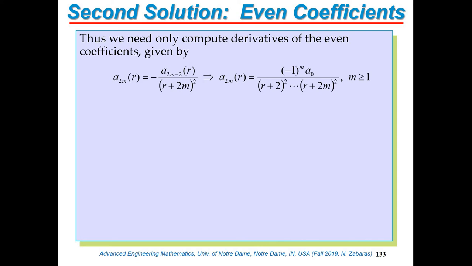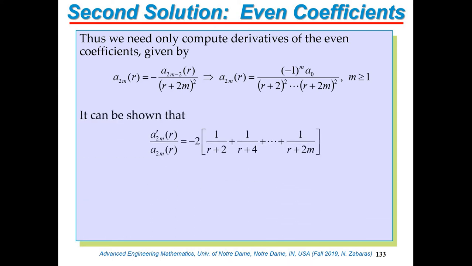If you differentiate this coefficient with respect to r, you will get this wonderful equation that the derivative of a2m divided by a2m is given by this expression that you see on the right-hand side. And if you now evaluate this at r equal to 0, you get this nice expression.